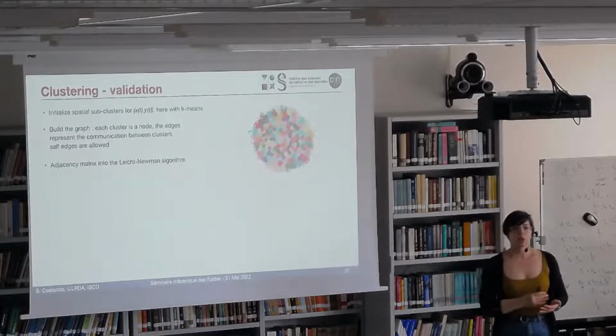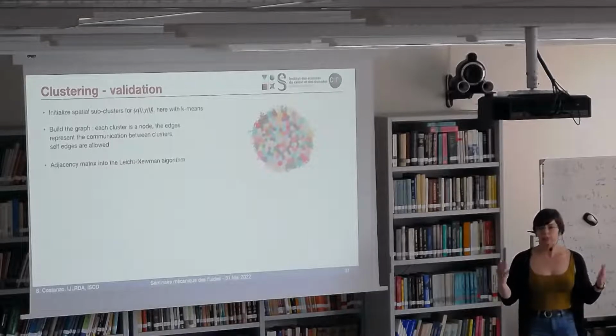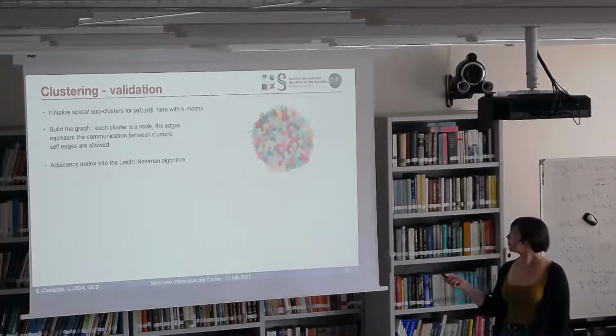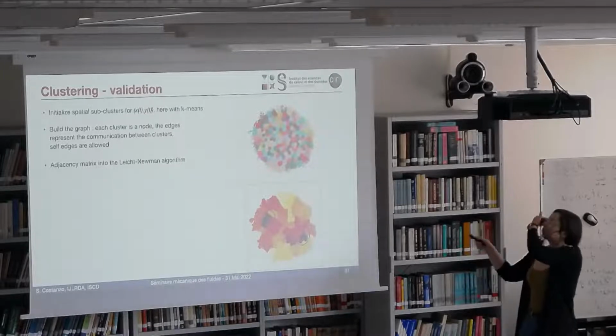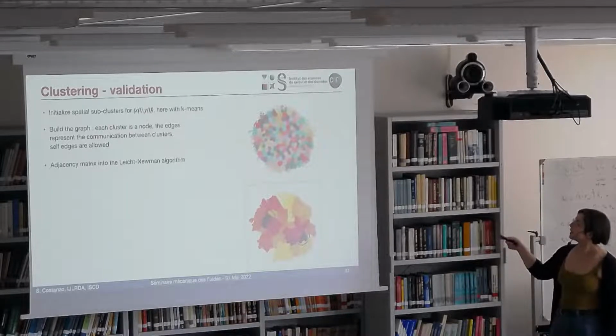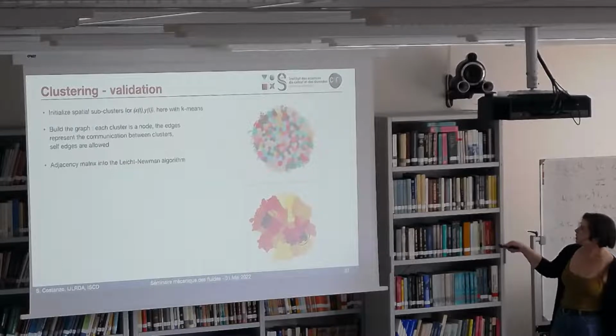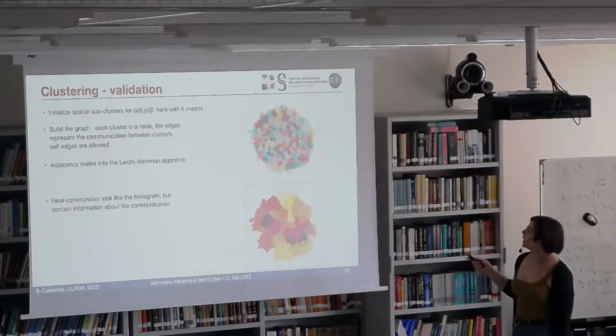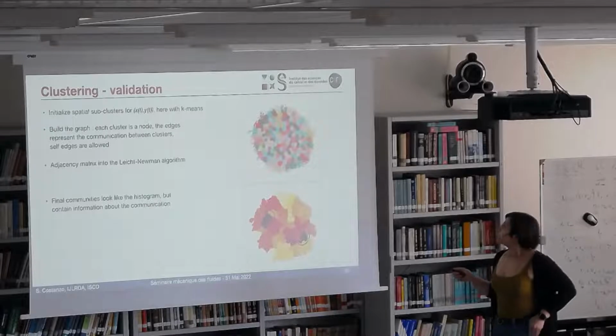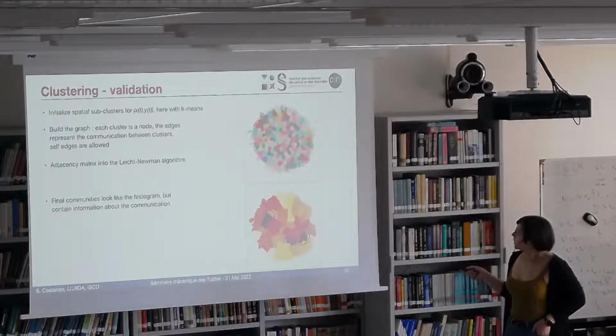So having the graph, we have the matrix that we can feed to the Leiden-Newman algorithm, and that's what we get at the end. So we are able to identify communities among these clusters, and then we can find something that is very similar to the PDF we've seen before. Of course, here we're using casual, not regular clusters, but we can still find high density regions.